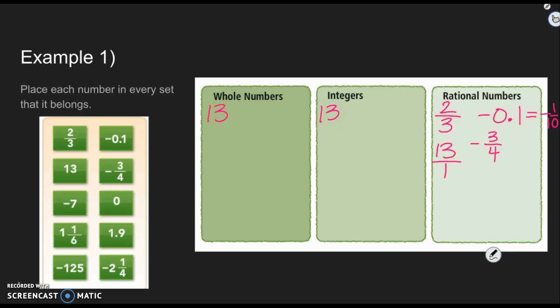Negative 7 is an integer, which also means we can take negative 7 and place it over 1, so it is rational. 0 is a whole number. It's also an integer, and it's rational. 1 1/6 is a fraction, so that's not going to be a whole number or an integer, but it is rational.